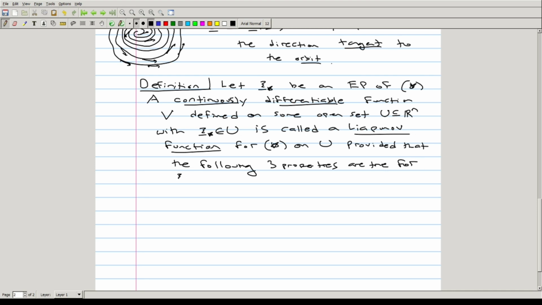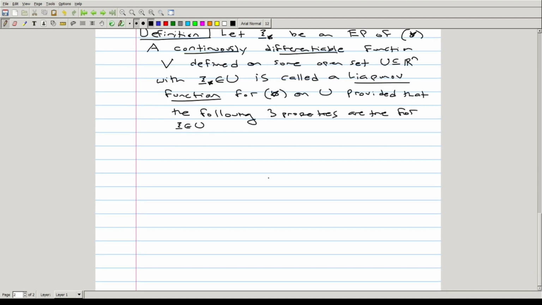For points in U, first, V at the equilibrium point has to be equal to 0.